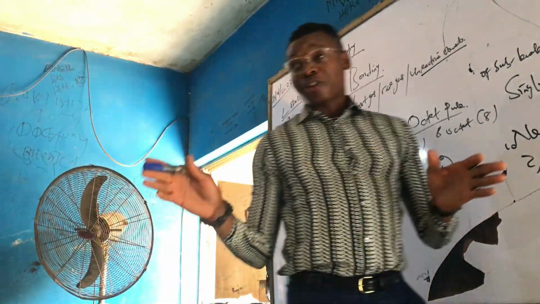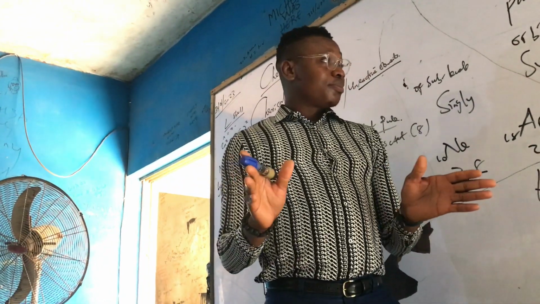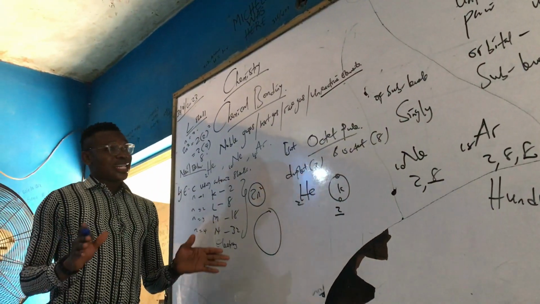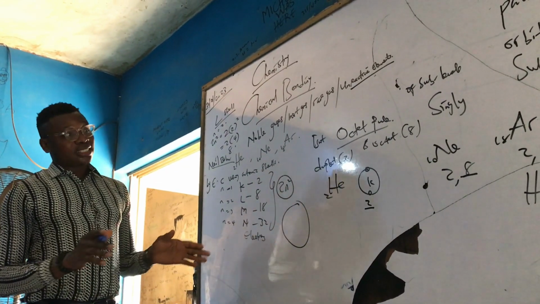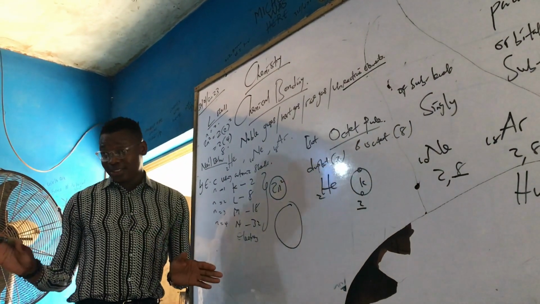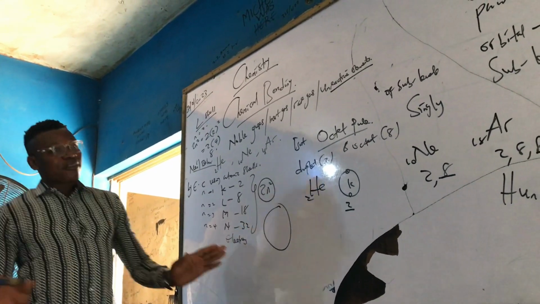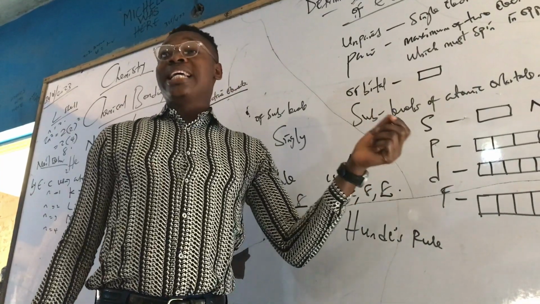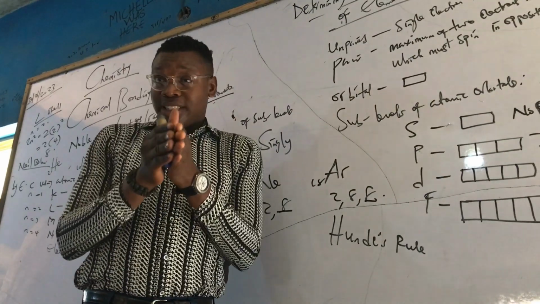Now, listen carefully. Let's go back to the story. I believe even if today is your first time, there's no way at the end of this class you'll not be convinced that this knowledge has been made very simplified. I'm not rushing it. We are focusing on how we know how many electrons each atomic orbital can accommodate.